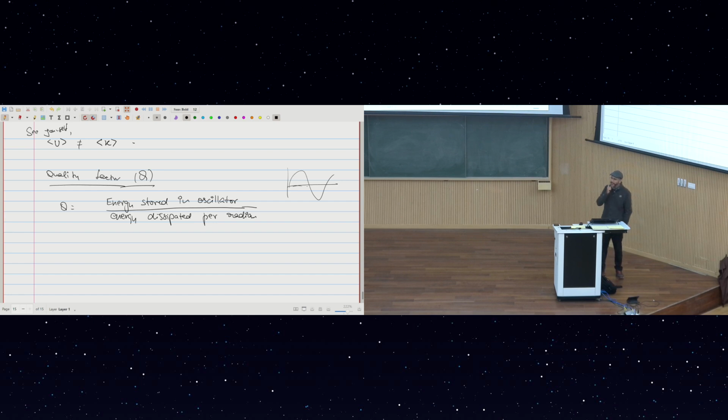So Q factor is a non-dimensional number used to tell us what the damping situation of a system is.